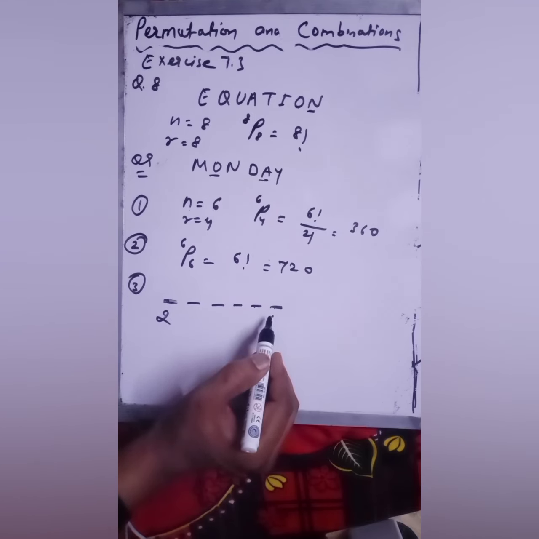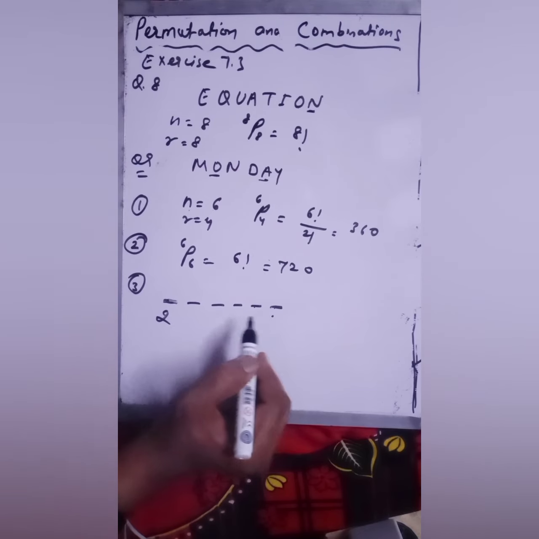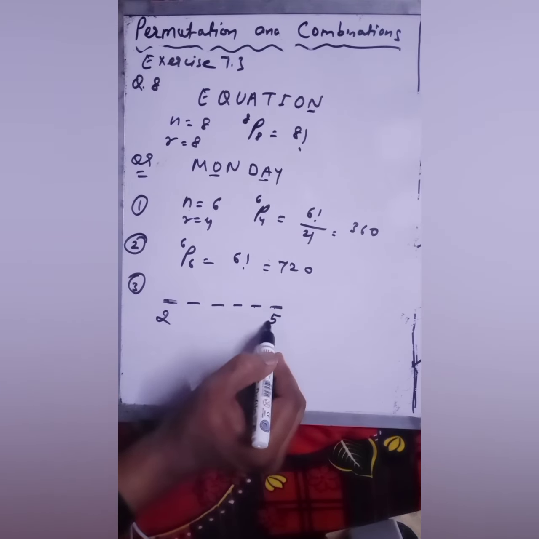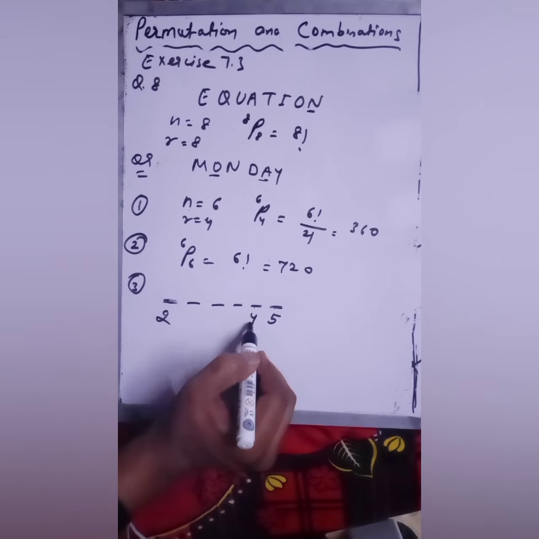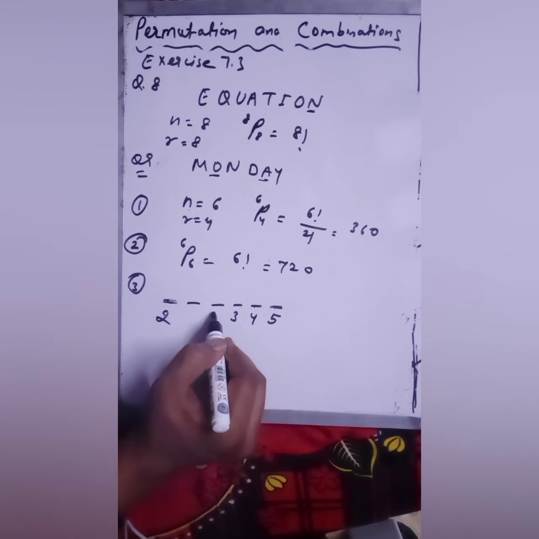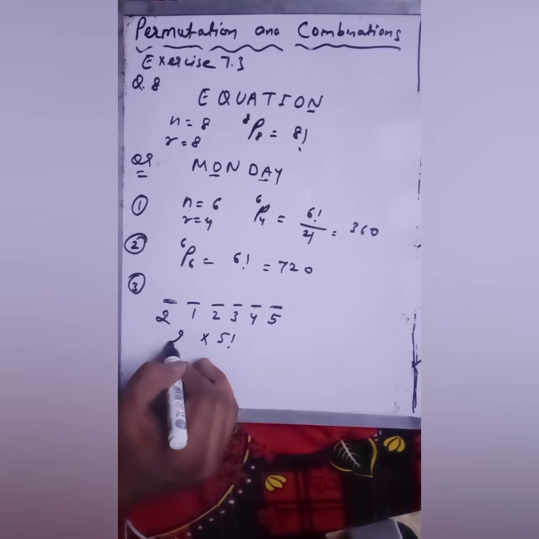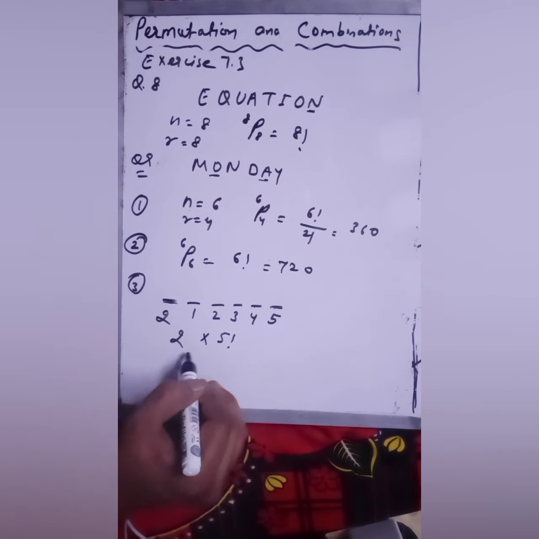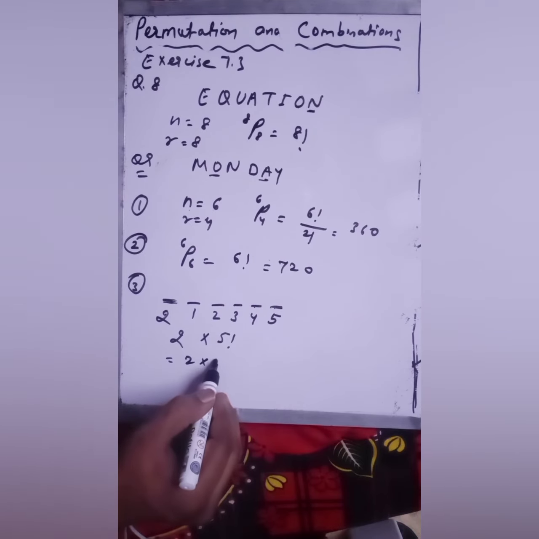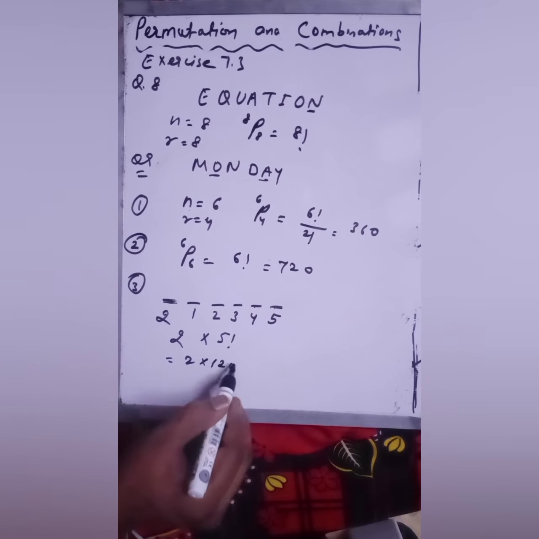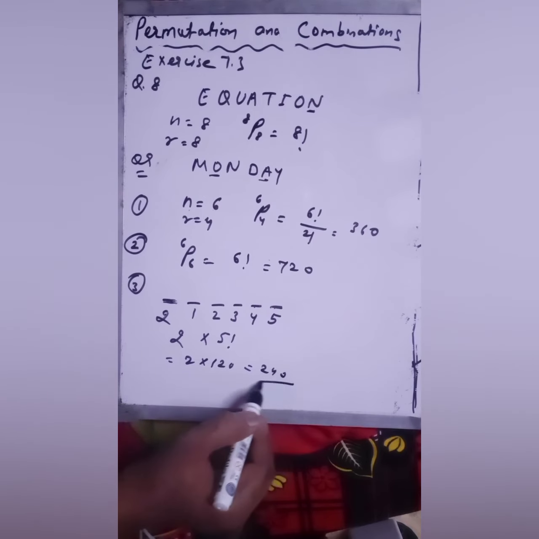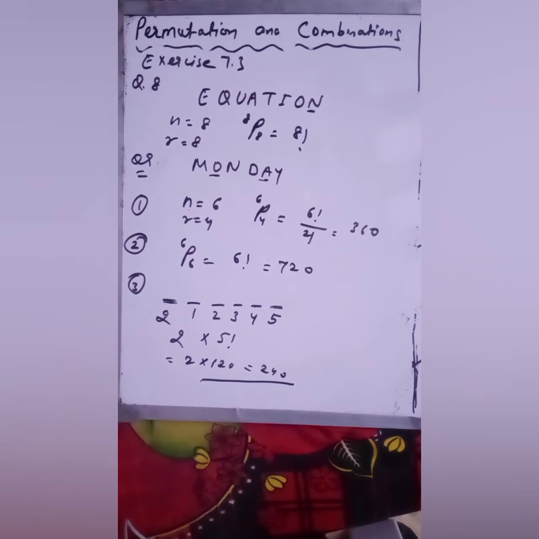Just wait, let me think. For this place you have 5 choices, for this place you have 4, for this place you have 3, 2 and 1. This is your 5 factorial, 5 factorial into this 2. Whatever the answer comes, you can write 2 into 120, that is 240. So this would be the final answer.